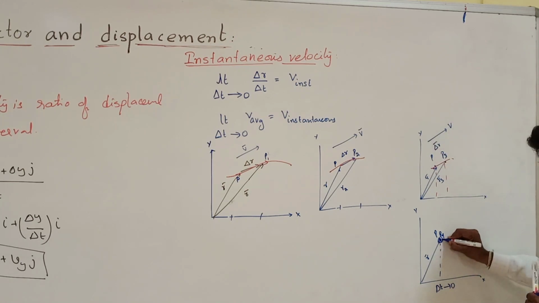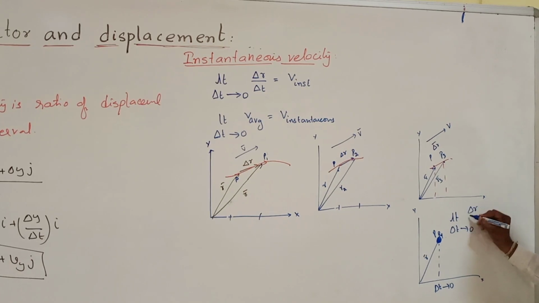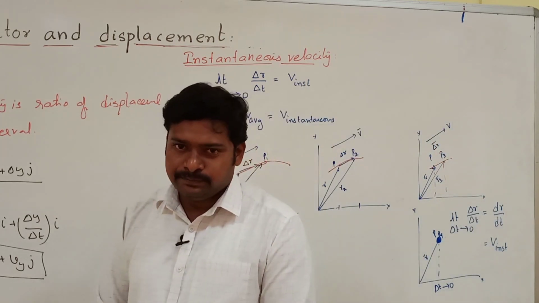In the limit where delta T tends to 0, delta R by delta T will be equal to dr by dt, which is called V, the instantaneous velocity. Instantaneous means no intervals, only a single point velocity.